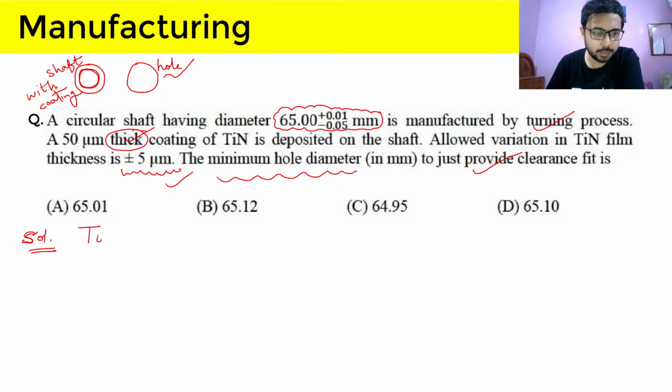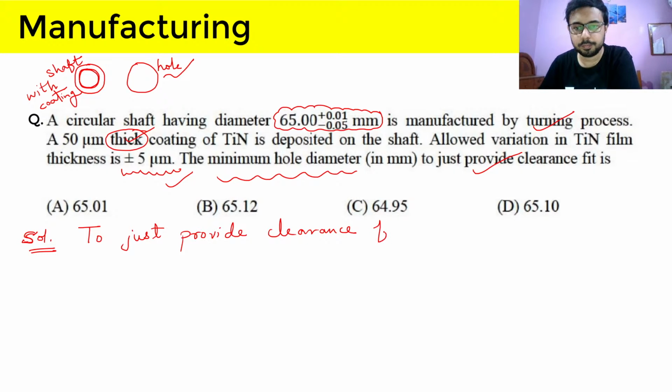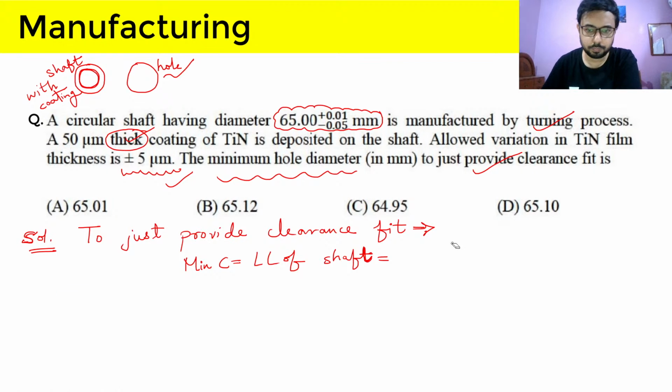And to just provide a clearance fit, we have our minimum clearance, that is the lower limit of the shaft equal to, sorry, not equal to, let us just write it properly.